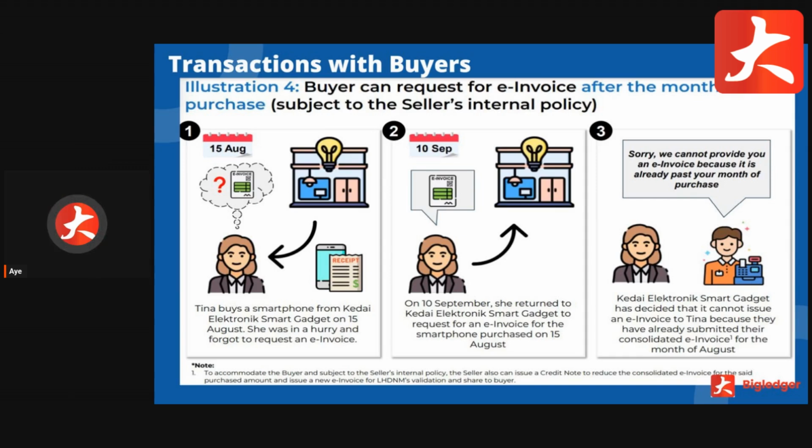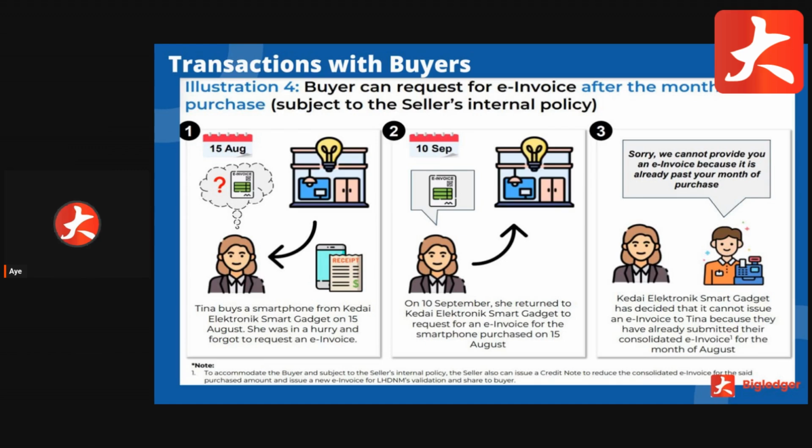Then Kida Electronic Smart Gadget can say, sorry, we already submitted the consolidated e-invoice, so we cannot provide the e-invoice to you. But based on their policy, they also can create a credit note against last month's submitted consolidated e-invoice, making sure that they select the correct UUID for the credit part.